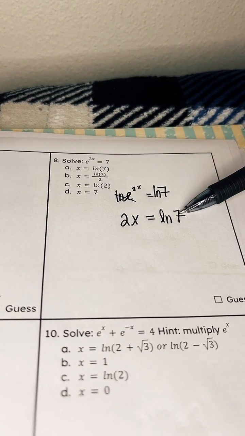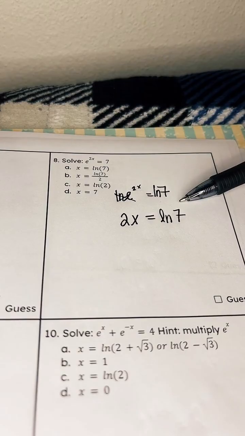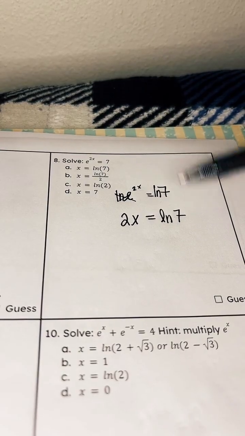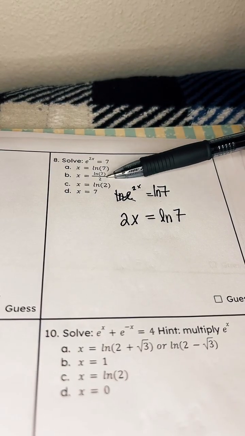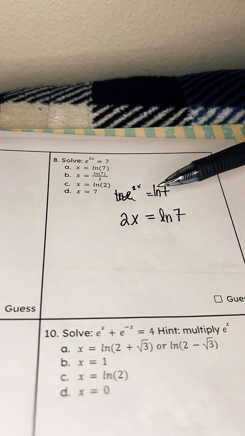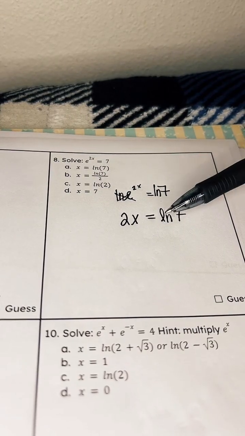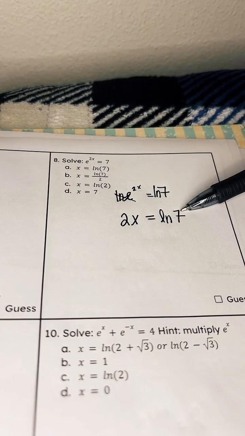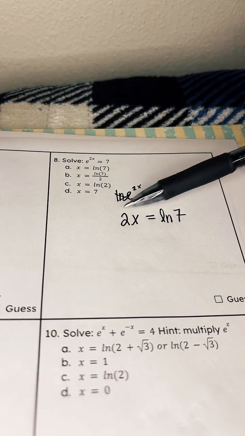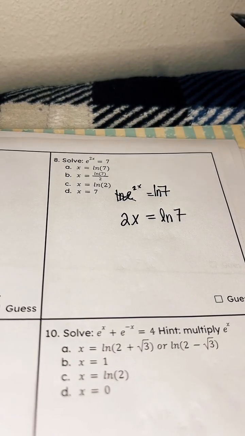This is actually a number. It comes out to a decimal, you guys. But do you see how most of our answers have the ln? So we don't want to make this a decimal and put it in the calculator. We just want to solve it. They're making us solve it without using a calculator.